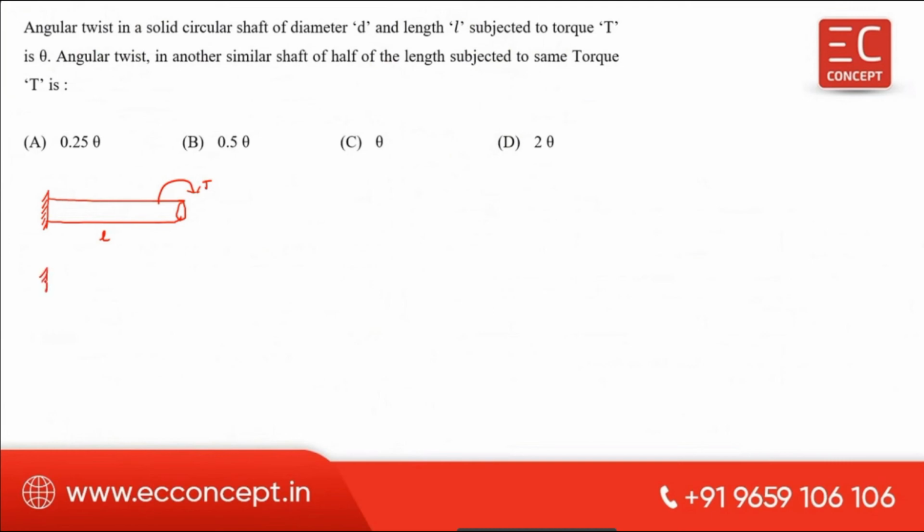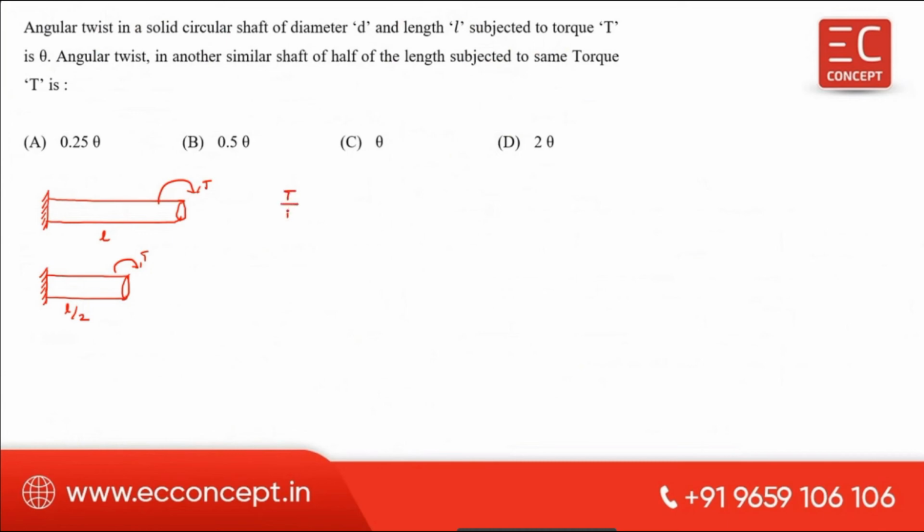So another similar shaft means they are made of the same material and subjected to the same torque. The torque is the same but length is L by 2. Then they are asking the angle of twist.